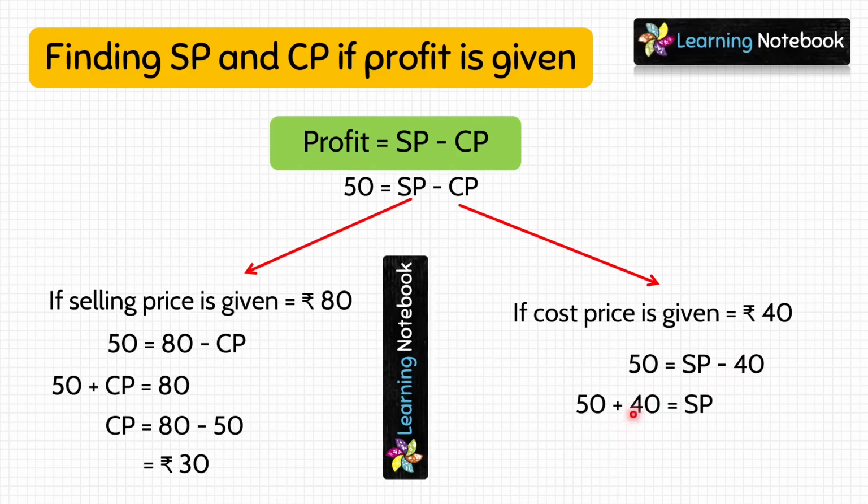So on shifting, the sign changes from negative to positive. So we get 50 plus 40 equals to SP, which is equals to rupees 90. So students, here we have calculated the selling price as rupees 90. So this was the scenario when profit and cost price is given and we have to calculate the selling price.